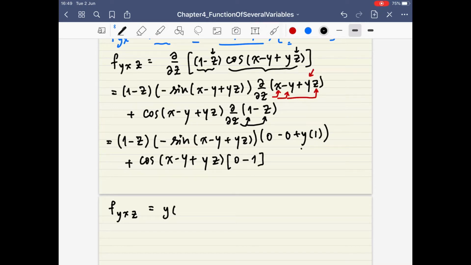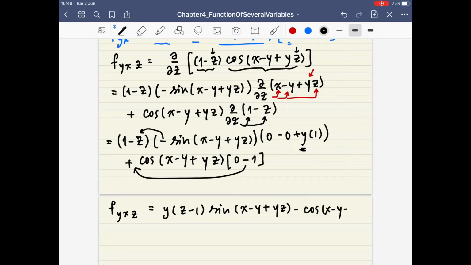Y. Okay, so I just put this y up front, and then this one becomes z minus 1 sine of x minus y plus yz. Okay, and then this one I just put it up front, minus cosine of x minus y plus yz. Okay, so this is your third order partial derivative that you find.